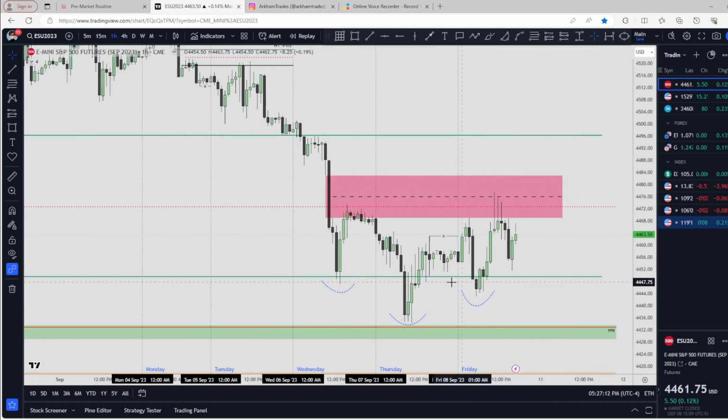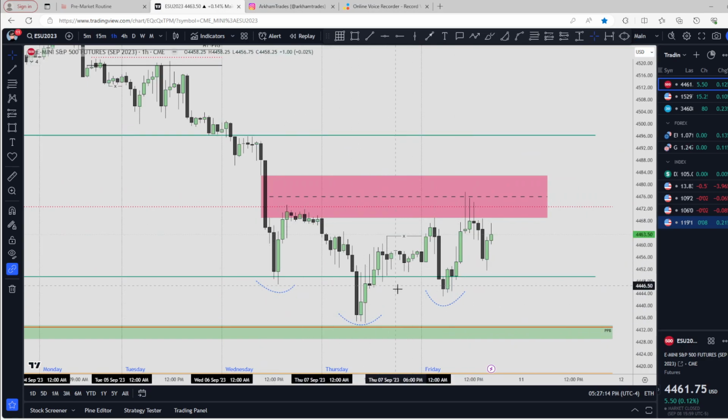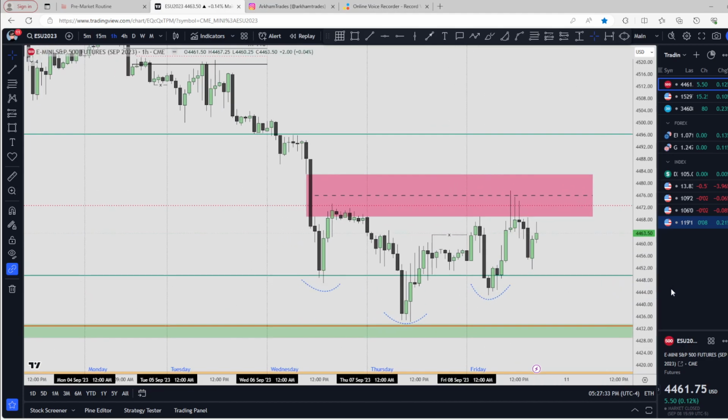H1, we got our market structure, which is kind of this inverted head and shoulders, where it broke structure to the upside, came back, found support. That's bullish. It broke structure to the upside, created a higher high. When it creates a higher high, it should create a higher low. It does exactly that. I'm bullish.